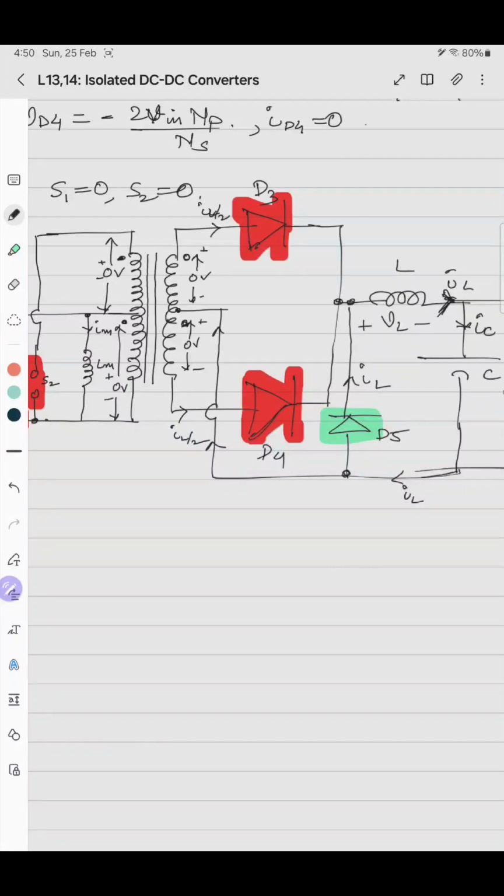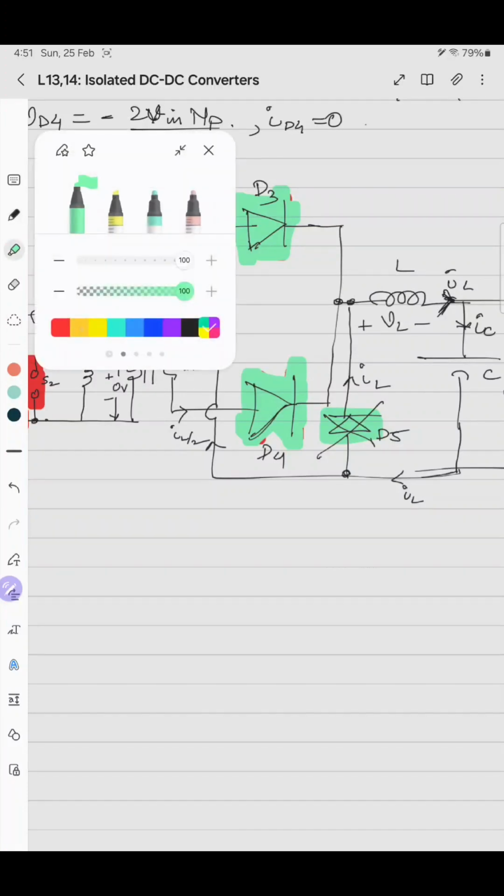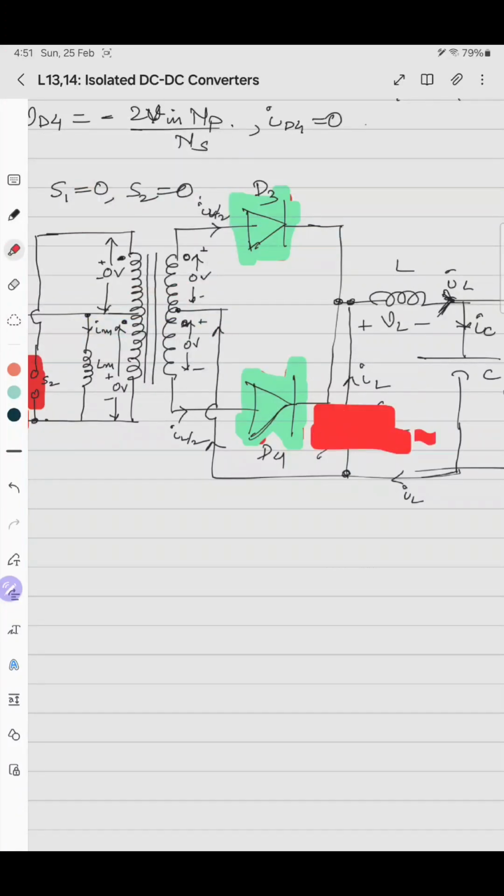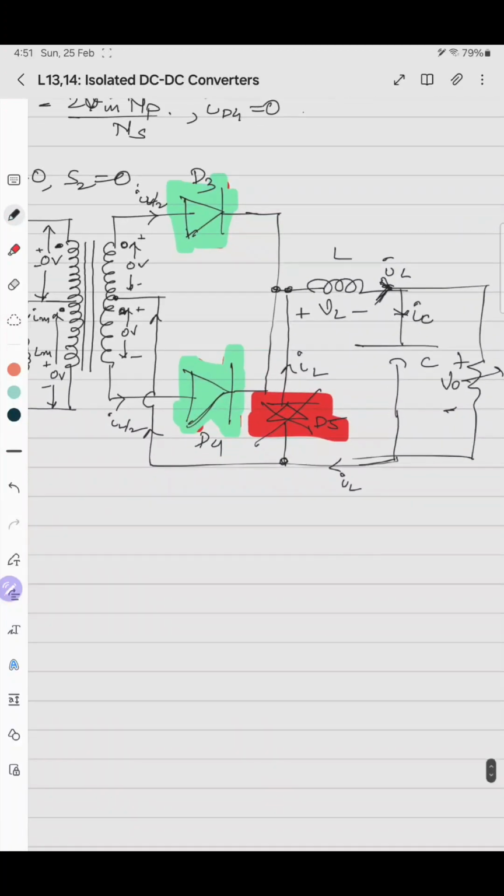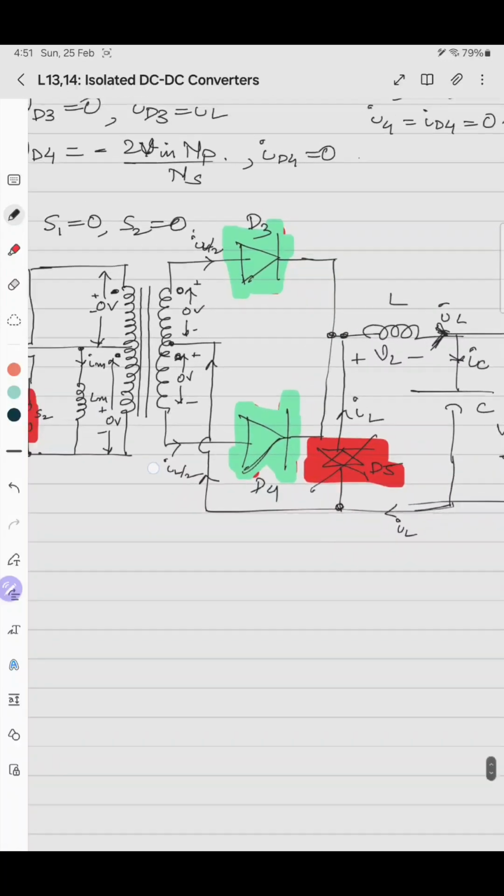It will force turn on these devices if we don't have this particular device. This I am denoting by red color. Say that you don't have D5. So this inductor current will be split in half. IL by 2 will flow through the upper diode and IL by 2 will flow through the lower diode.